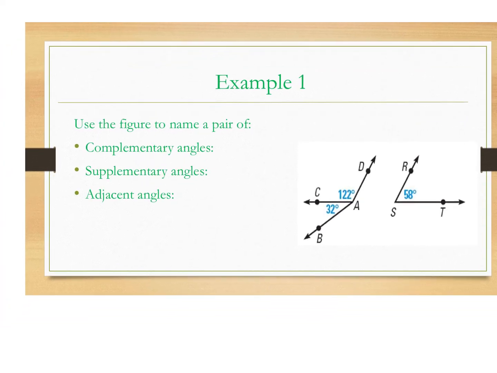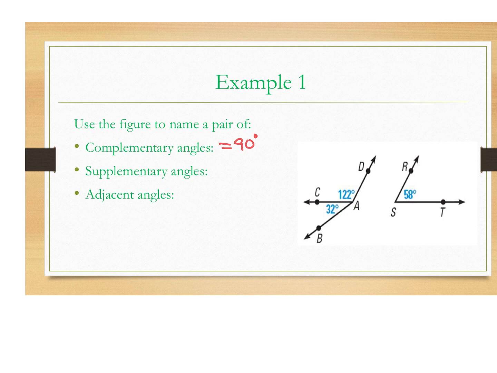So again, we're looking for 2 angles that when we add them, give me 90 degrees. So again, they don't need to be adjacent. Now, in the first set of angles here, notice they're both sharing vertex A. So I need to use 3 letters to name the angle in this picture.